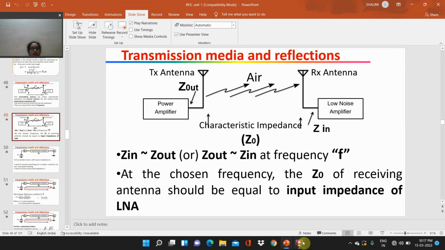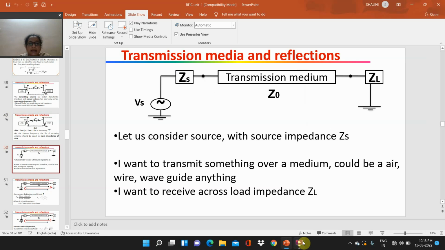So here Z in is approximately similar to Z out, and Z out is similar to Z in at the frequency f. At the chosen frequency, the Z naught of the receiving antenna should be equal to the input impedance of the LNA.